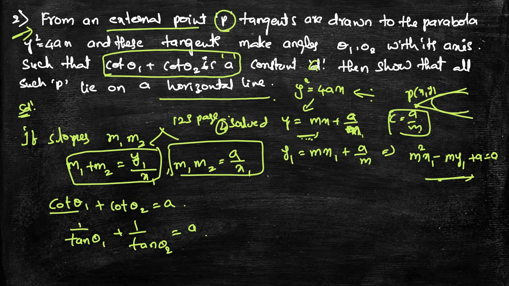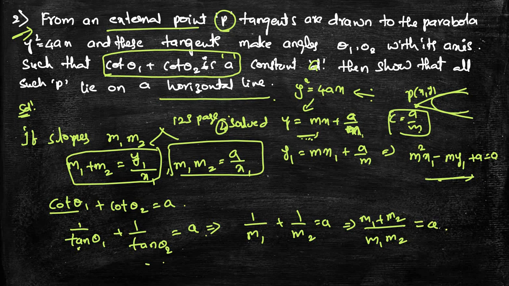Taking tan theta 1 as m1 and tan theta 2 as m2, this is 1 by m1 plus 1 by m2 is equal to a. Cross multiplication, the LCM comes as m1 m2 in the denominator, so m1 plus m2 over m1 m2 is equal to a.